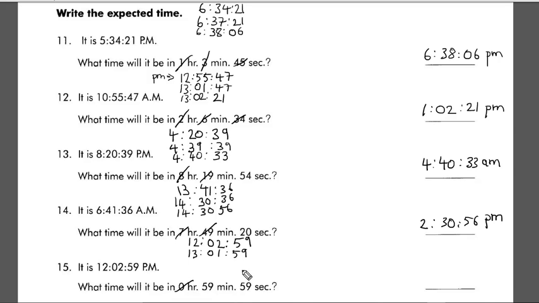All right, I can't have 118 in here. I need to take 60 away from that. Okay, so that's going to give me 58. So I'm going to be left with 58 here, and I need to add another minute in there, and there we go. All right, so that's one way to think about it, and I'll write my answer in here. I'll put it in as 1:02:58, and that's PM.